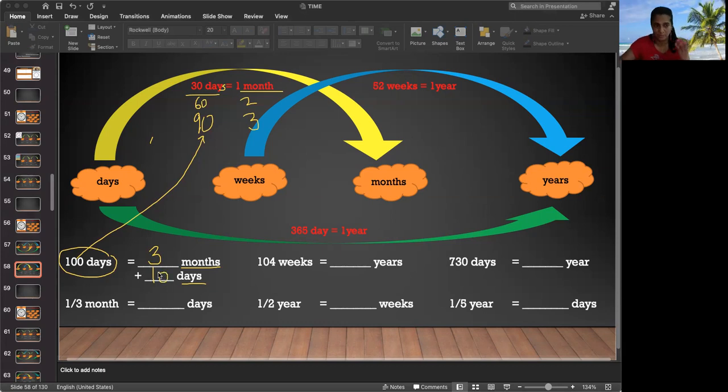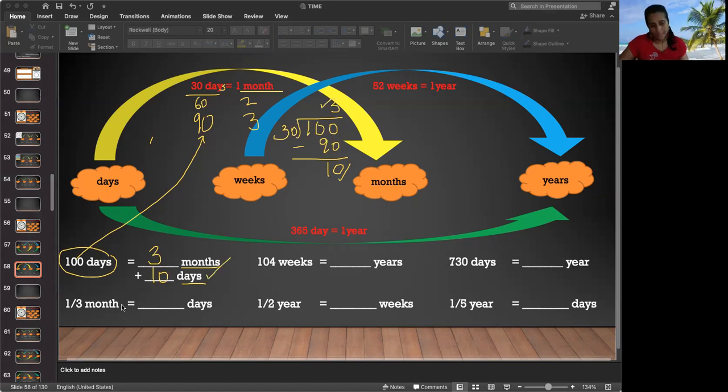You could solve this question like this, or you could also take 100 and divide by 30, just like we have done for the previous questions. 3 times 30 would be 90, and then 100 minus 90 leaves a remainder of 10 days. So you'll have 3 full months and 10 days left as remainder.